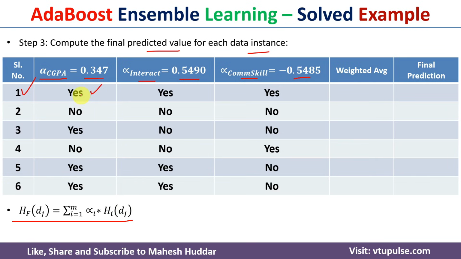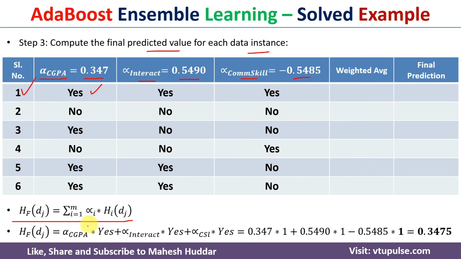Now, if it is yes, it will be considered as 1, otherwise it will be considered as 0 here. For the first one, alpha CGPA, yes. Interactiveness is yes, CS, that's a communication skill, yes here. We need to put all these values here. You will be getting 0.3475 in this case. As said earlier, if it is yes, it will be 1. If it is no, it will be 0 in this case.